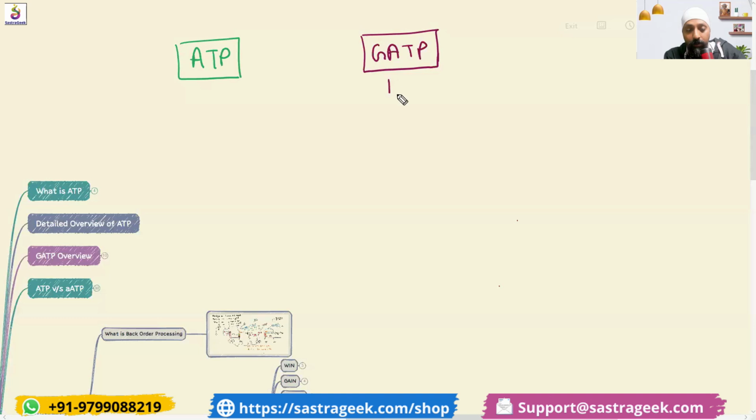This is part of APO, Advanced Planning and Optimization. That is the SCM product. It was answered from the SCM product of SAP. So basic functionality is covered through aATP, and advanced functionality is covered through GATP.